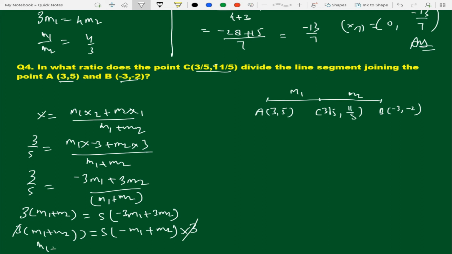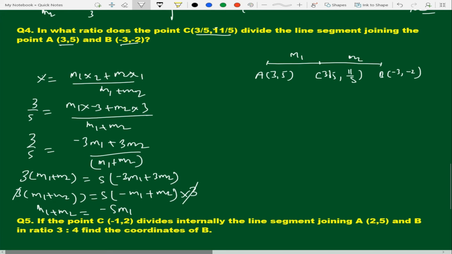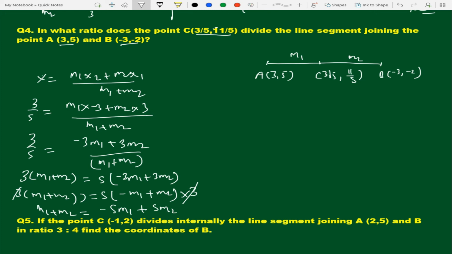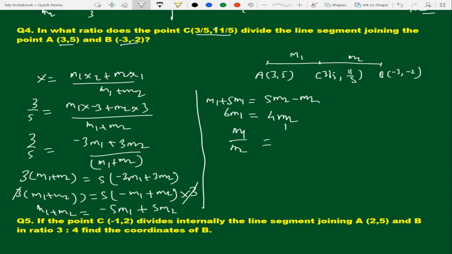So this will become m1 plus m2 equal to minus 5m1 plus 5m2. Clear? Now this 5m1 transferred to the left side, then you will get m1 plus 5m1. Clear? And this is 5m2 minus m2. So you will get 6m1 equal to 4m2. Clear? So m1 by m2 will be 4 by 6, so this is 2 by 3.